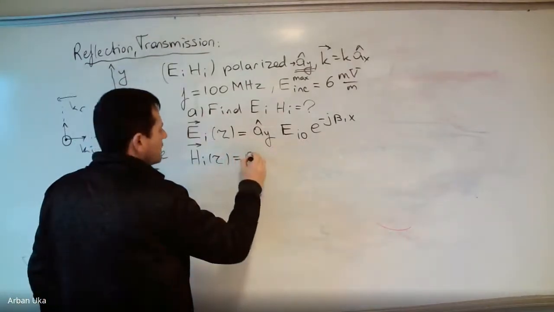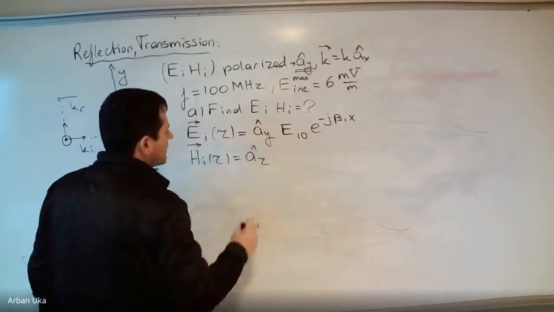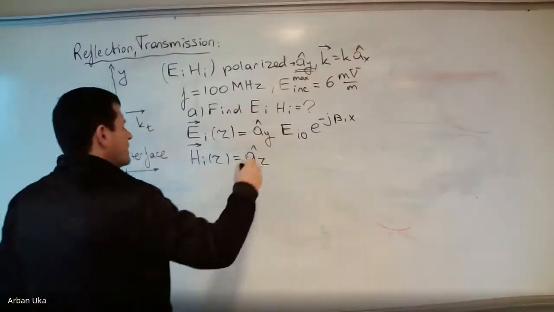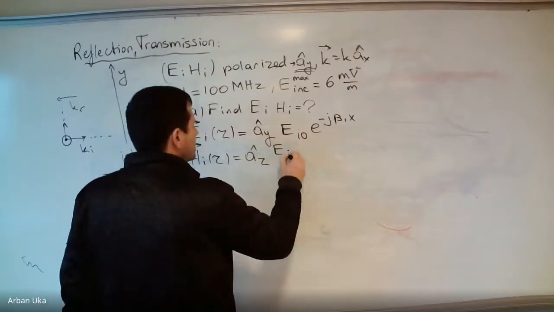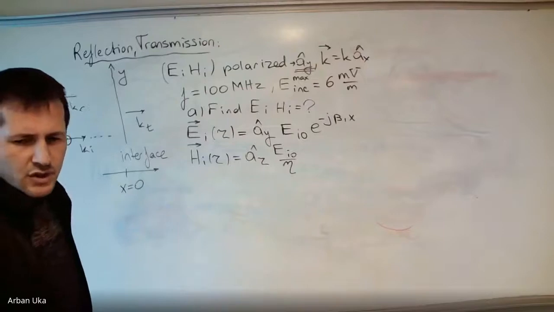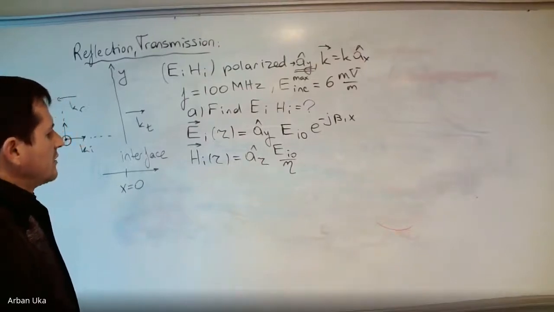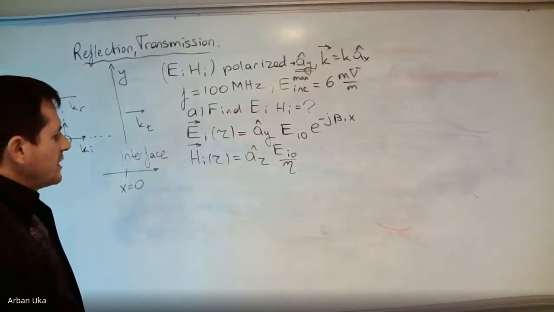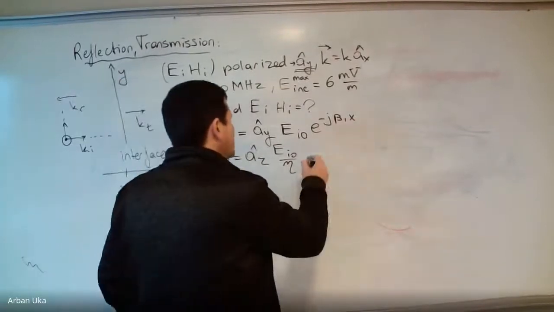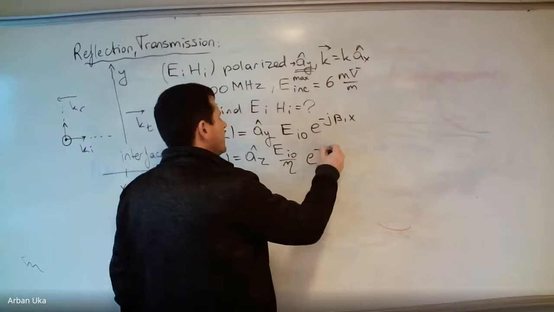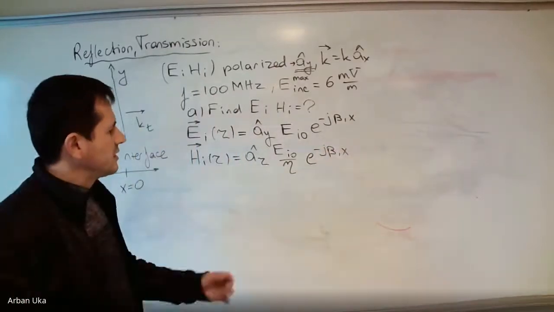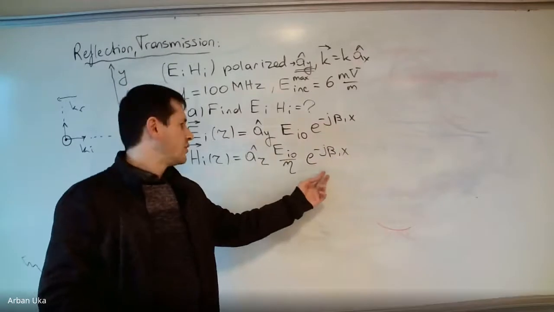So for the magnetic field intensity vector, we have here AZ times the incident electric field E0 divided by the intrinsic impedance. The ratio between the electric field and the magnetic field is always equal to the intrinsic impedance, and this would be minus j beta 1 x. So this space propagator is not going to change.